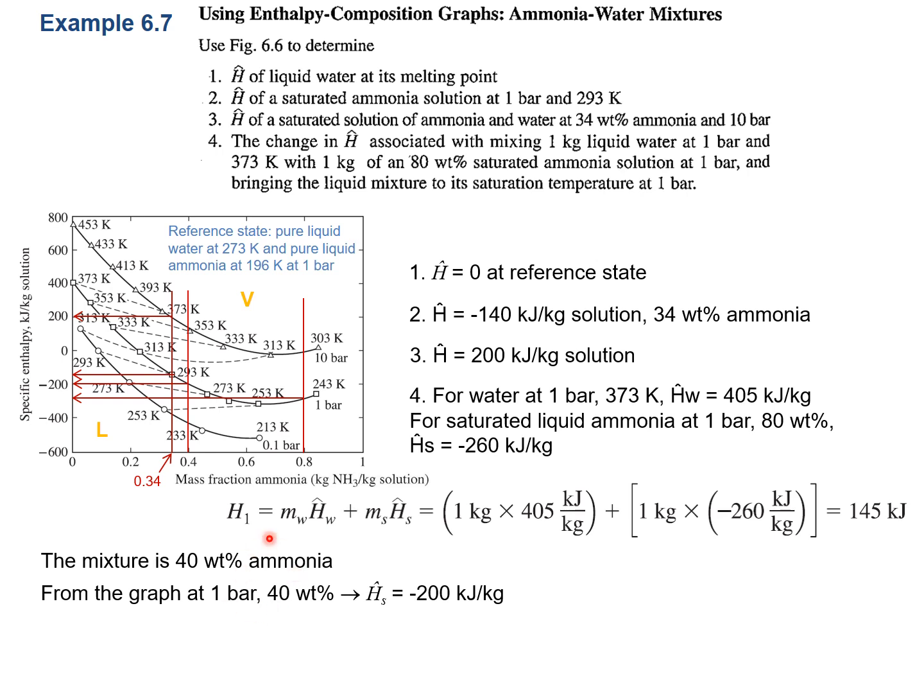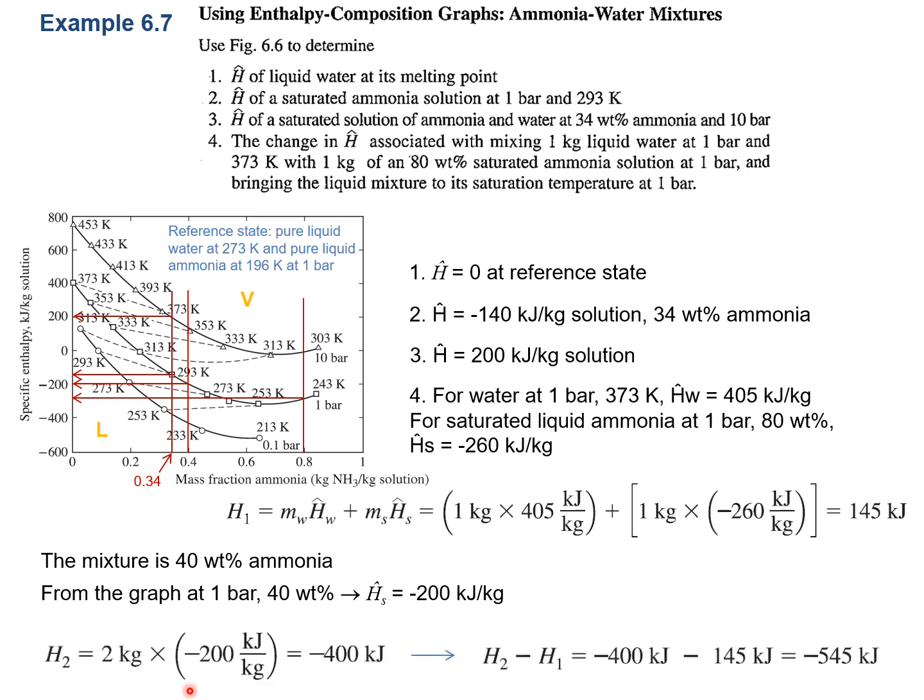So at 1 bar and 44% here at this point, you could read the value of the specific enthalpy, that is minus 200. Okay, and the amount of this mixture is 2 kilogram. So H2, the enthalpy of the mixture, is 2 kilogram times minus 200, going to minus 400 kilojoule.